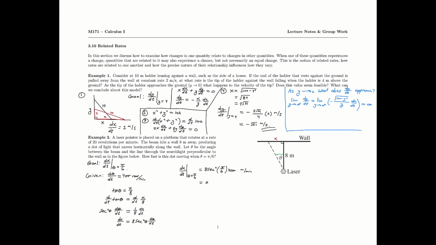So this is 8 times, since secant of pi over 6 is 2 over root 3, 2 over root 3 squared times 40 pi. If you simplify all of this and reduce the fraction as much as possible, this turns out to be 1280 pi over 3 meters per minute.